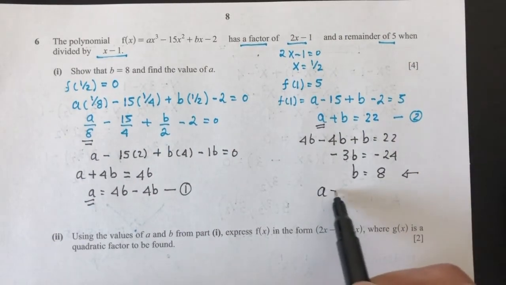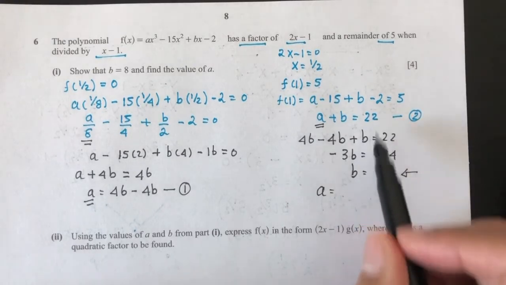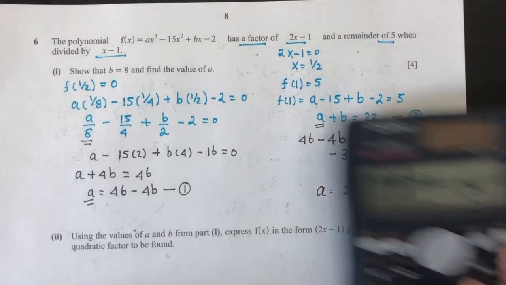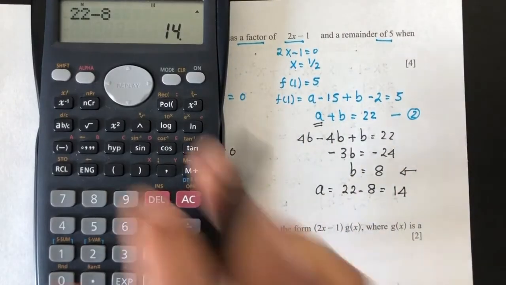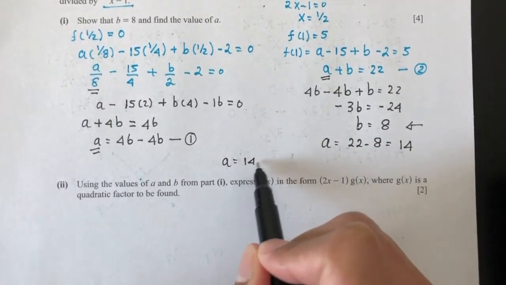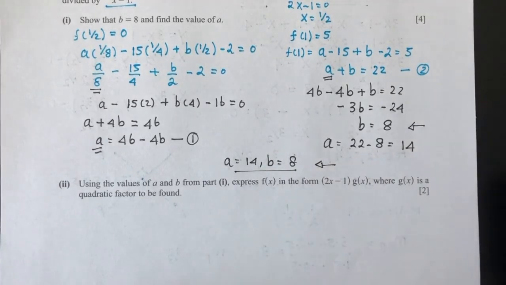And then a is equal to 22 minus b, which is 22 minus 8. That should give you 14. So a is 14, b is 8. Okay, that is part 1.